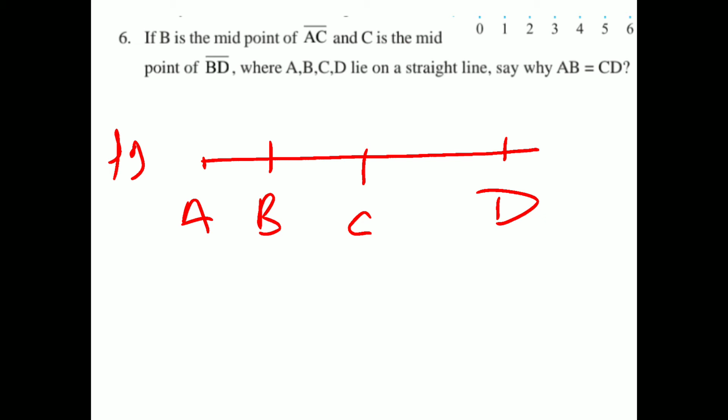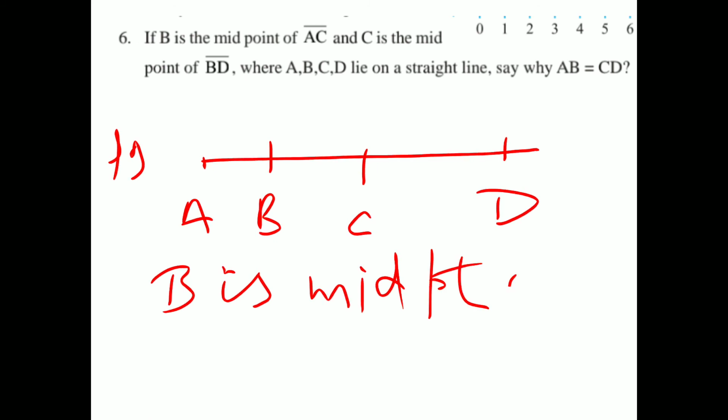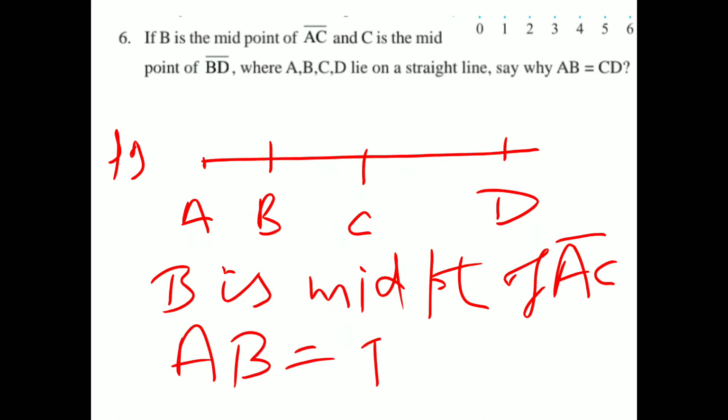Now see, if according to the question B is the midpoint of AC, clear, it means that midpoint means AB is equal to BC. Give it first number.